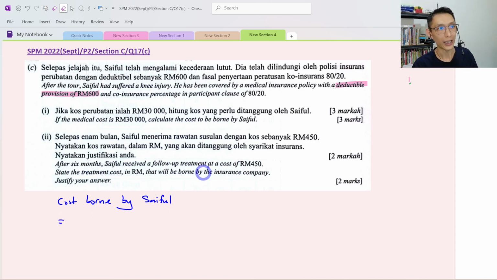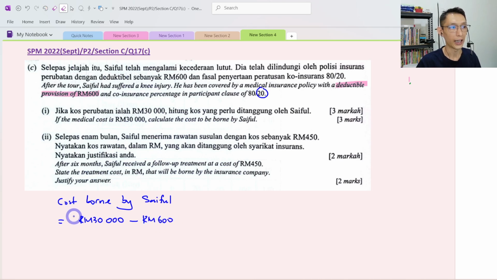So we know that 20% is borne by Saifu. But as I told you just now, you have to minus the deductible first. 30,000 minus the deductible, which is 600 ringgit, and then you take this amount times 20%. This is the amount borne by Saifu. But don't forget, because the deductible is also paid by Saifu, you have to add back 600 ringgit.